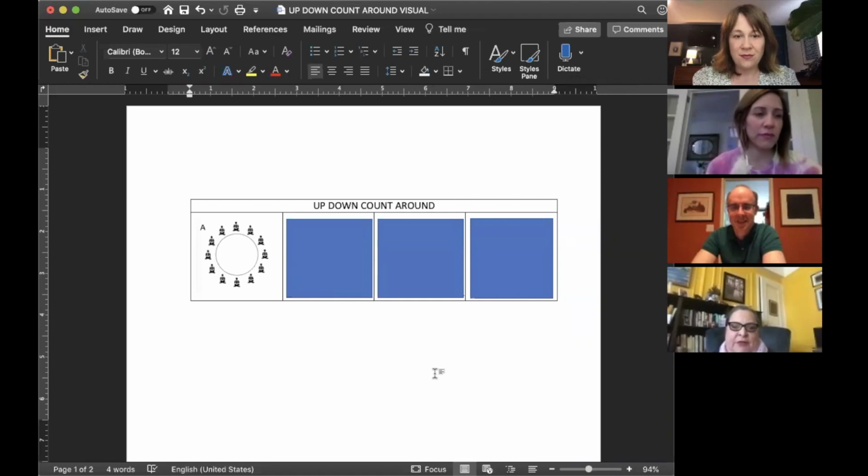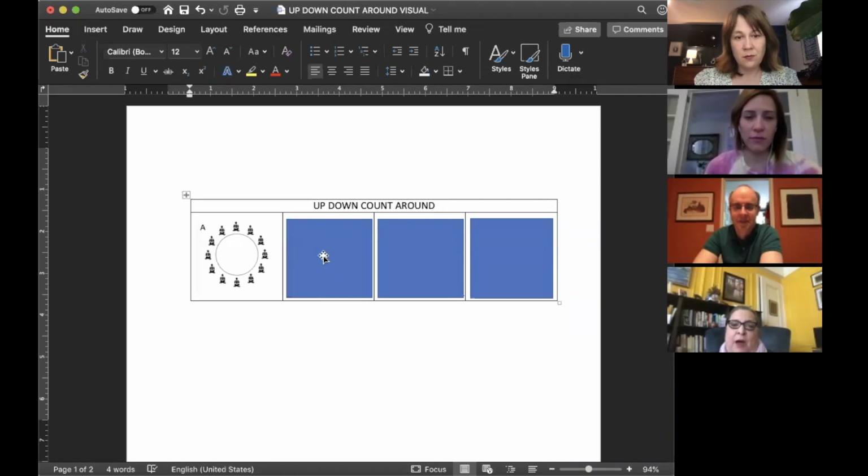In the classroom, Up, Down, Count Around begins with children seated in a circle. They figure out how many children are present, and then they pick a number to group themselves in. So for example, if there are 12 children present today, and a child says, I want to group us in two, we think about grouping in two, and two up and two down, everybody count around.